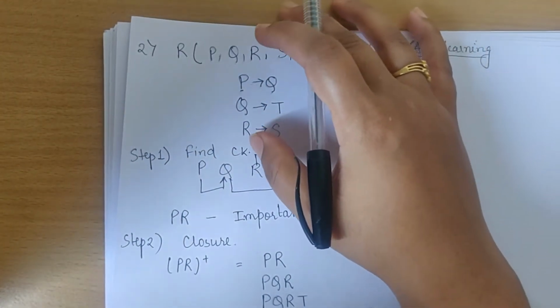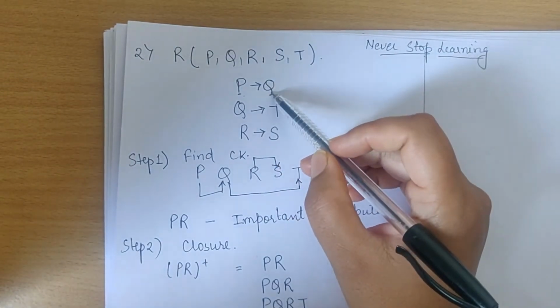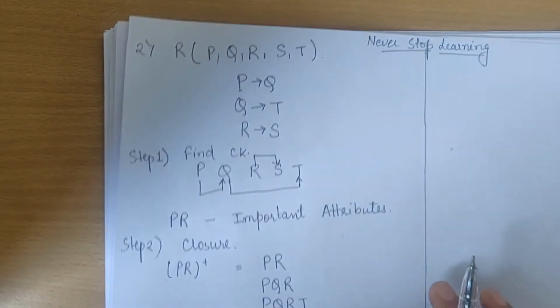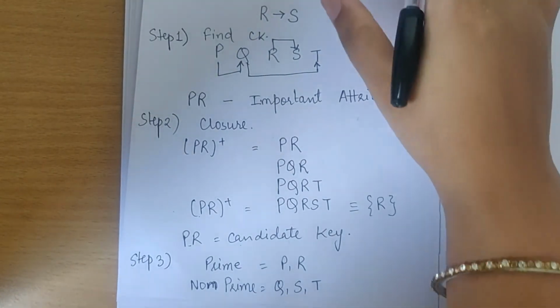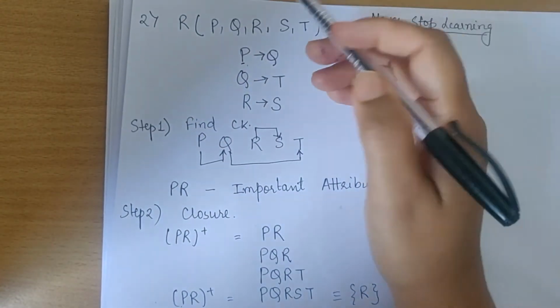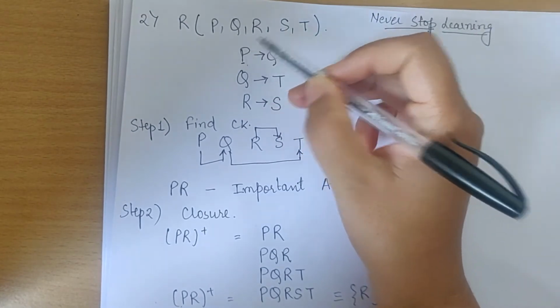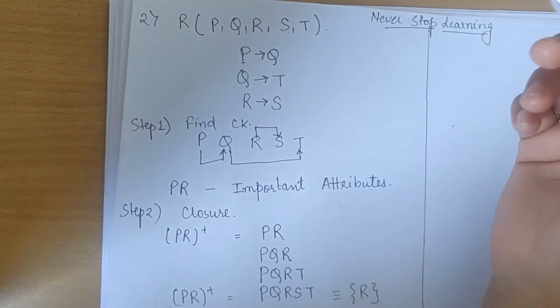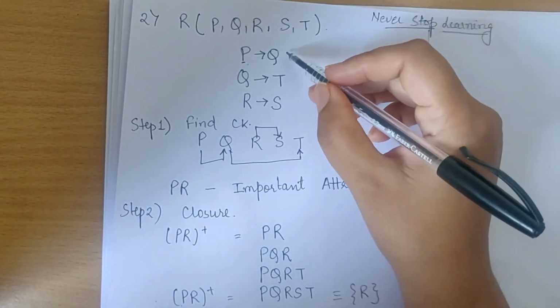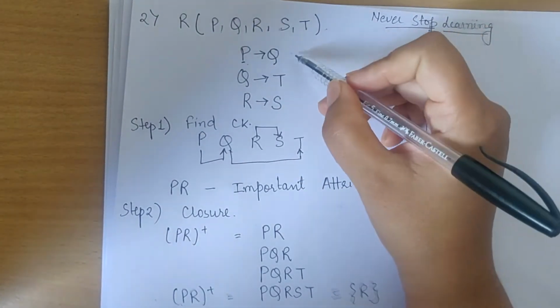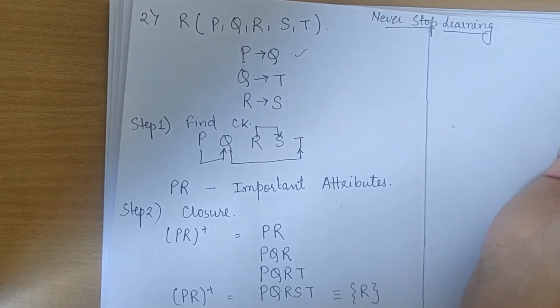So let's see. P determines Q. Here is the problem. Q is a non-prime attribute. P is a prime attribute, and it is a proper subset of the candidate key, because the candidate key is PR and P determines Q. So this leads us to partial functional dependency.